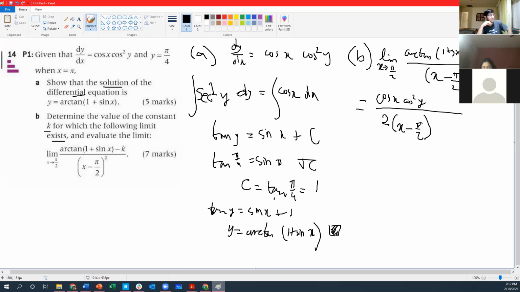So how would you do this? Determine the value of the constant k for which the limit exists. Well, when does the limit exist? What does it mean for that limit to exist?